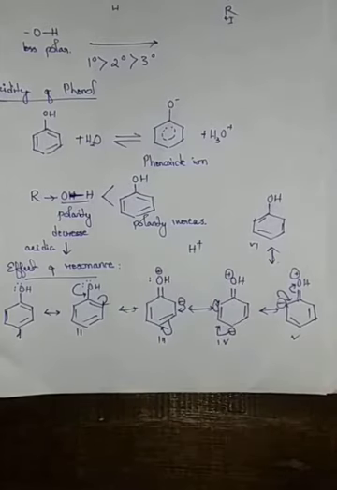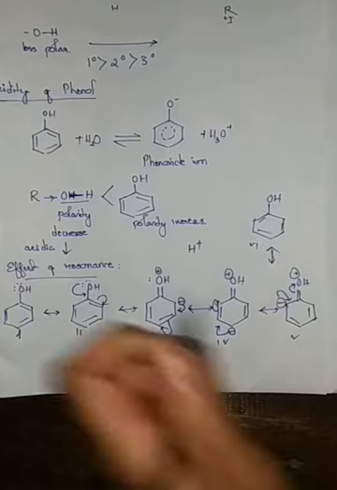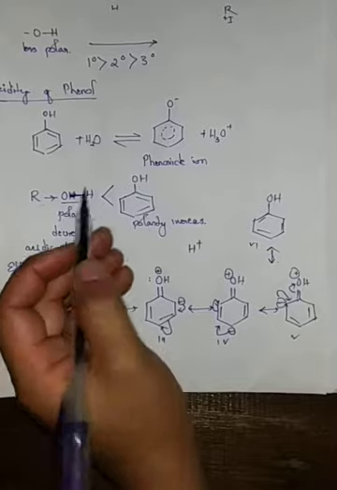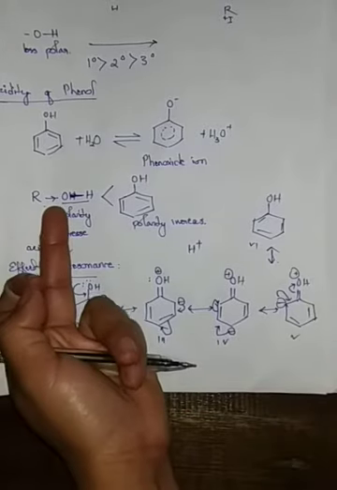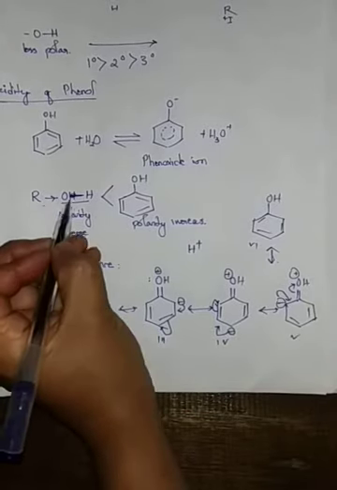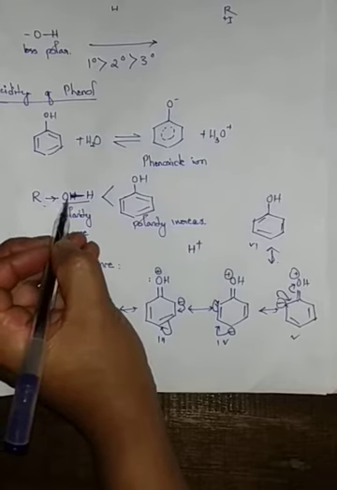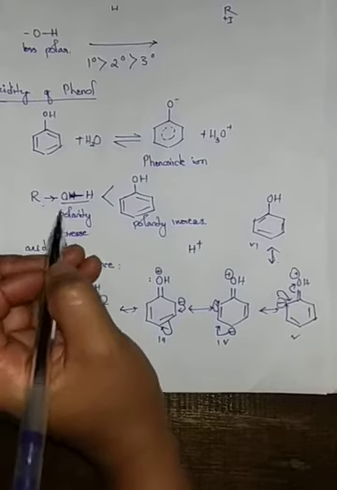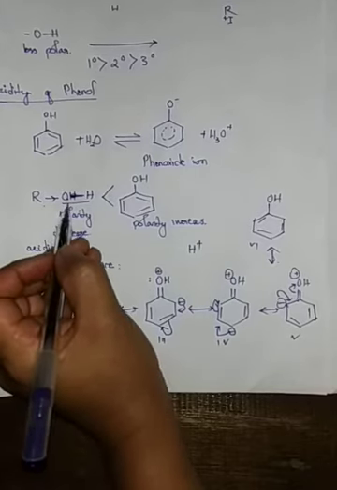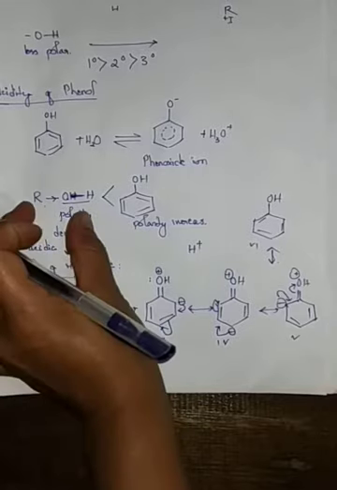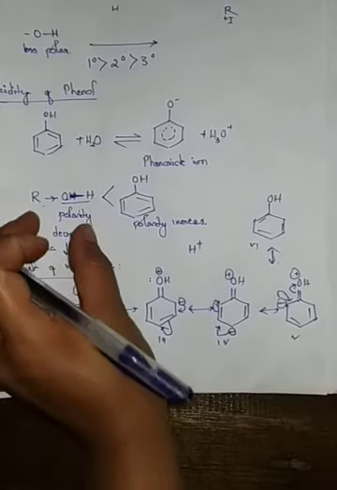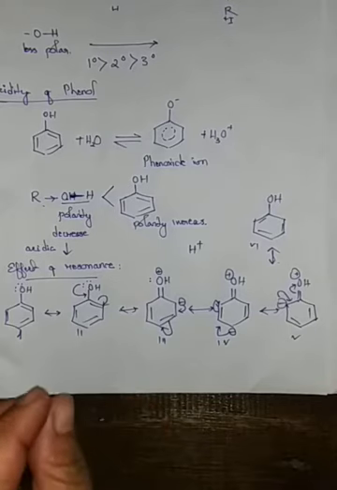Now, however, we know that resonance is not possible in alcohols, hence the hydrogen atom in alcohol is firmly attached to the oxygen atom of the OH group. As a result, the hydrogen atom of the OH group in alcohol cannot be ionized, and hence alcohols behave as neutral.